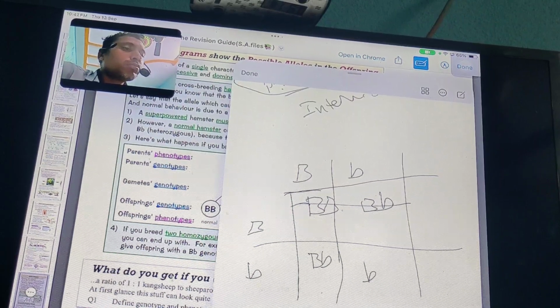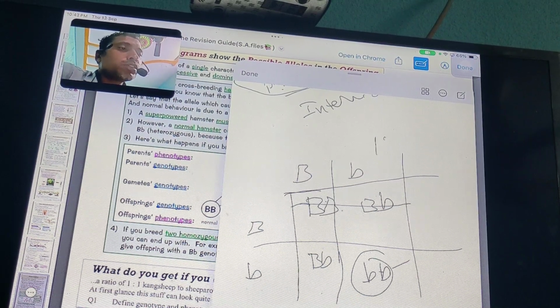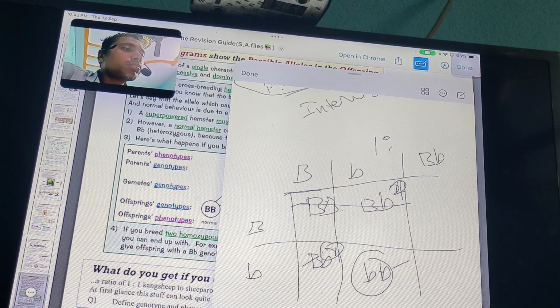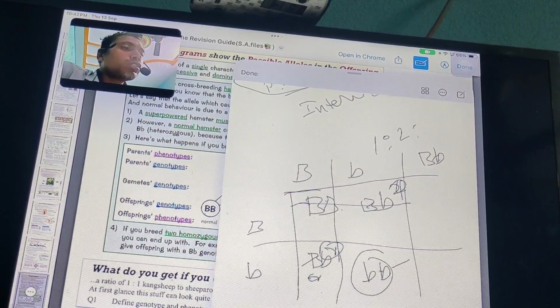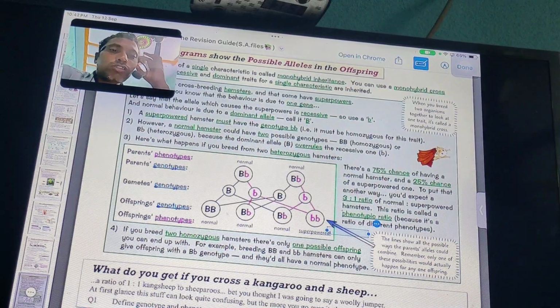Here small b. The ratio is one to two to one: one capital B capital B, two capital B small b, and one small b small b. These two are heterozygous, the genotype and phenotype.